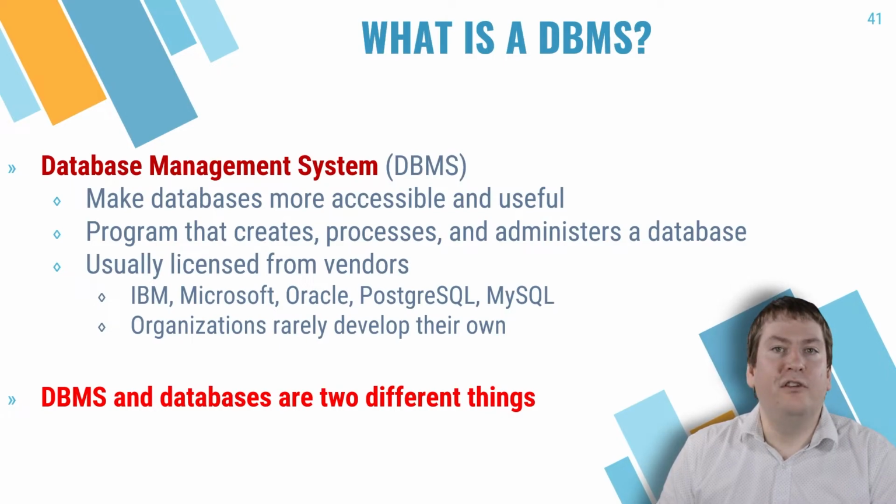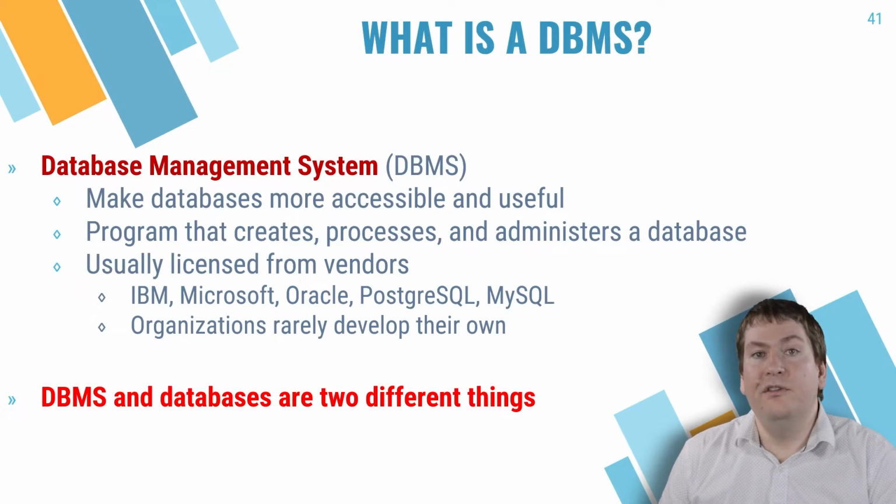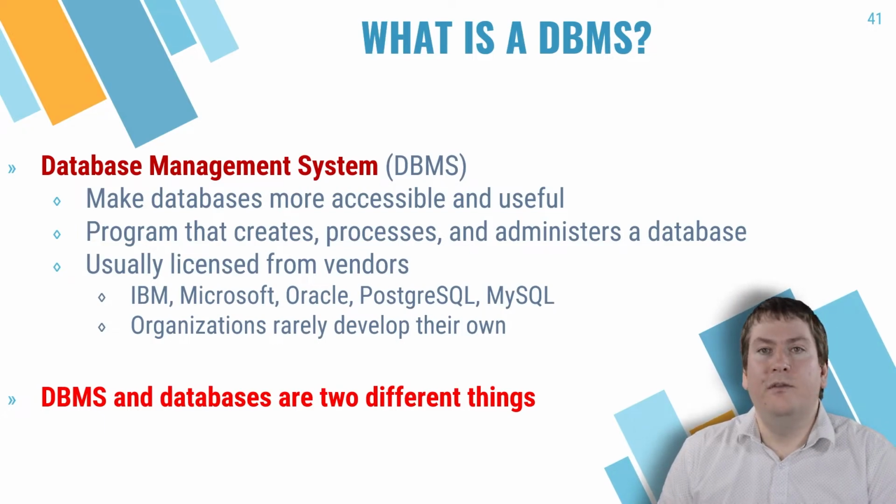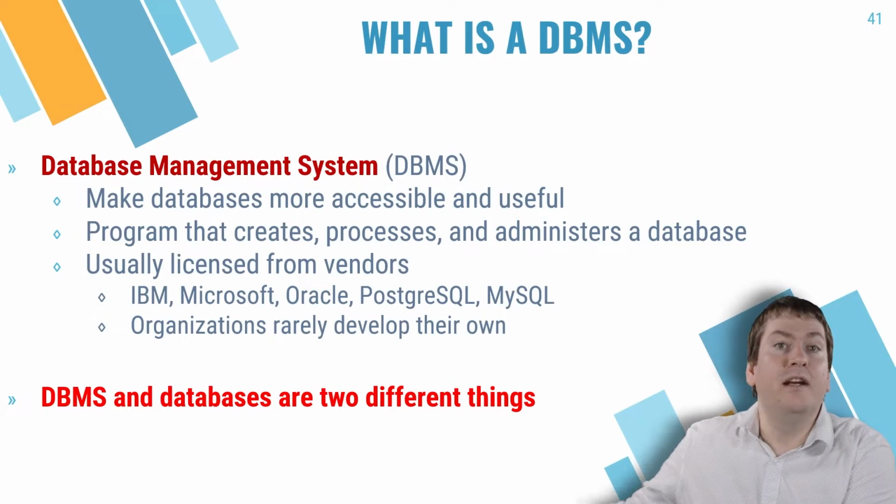One last thing I should stress is that databases and DBMSs are two very different things. Databases are collections of tables, relations, and metadata, while a DBMS is a software package used to manage a database. So we have one thing, a DBMS, that's a software package used to manage another thing. That other thing would be databases.